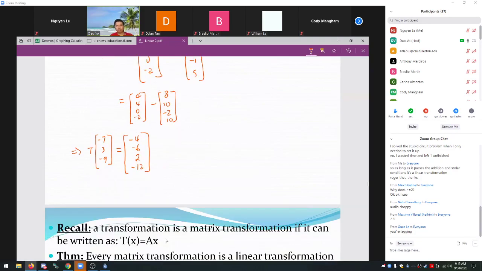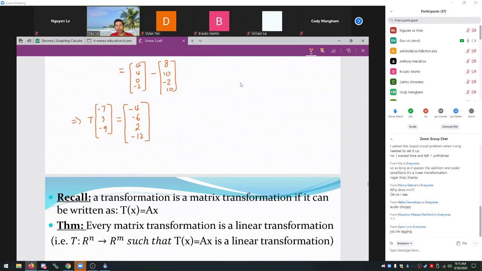All right. So now I'll go back to matrix transformations. So we know that a transformation, if it can be converted into a matrix times the original column vectors, then we have ourselves a matrix transformation.